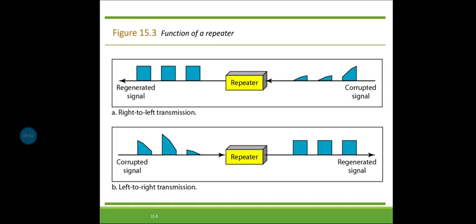At that point the original voltage is not recoverable and the error needs to be corrected. So we have to place this repeater in such a way that no noise has been added, and then regenerate the signal that has lost its strength.